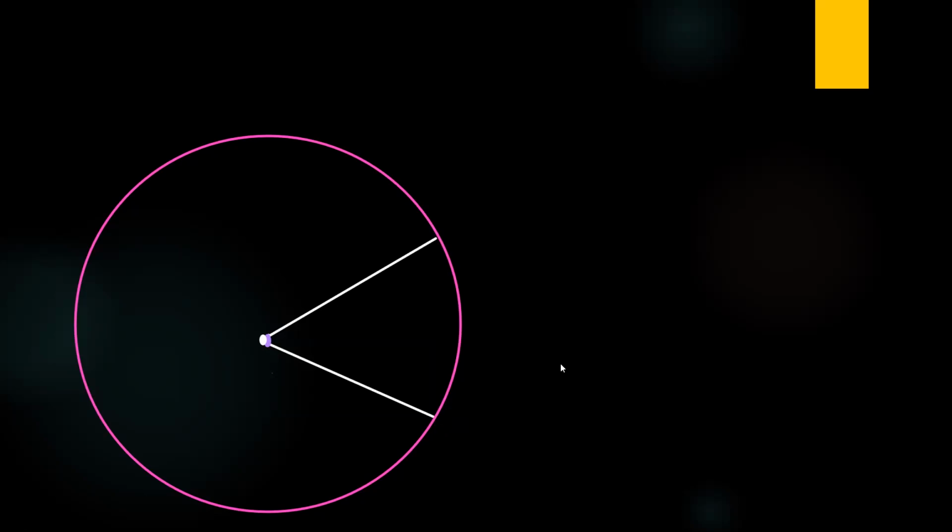This type of angle, whose vertex is on the center of the circle, we call a central angle. Its vertex is in the center of the circle, so we call it a central angle.